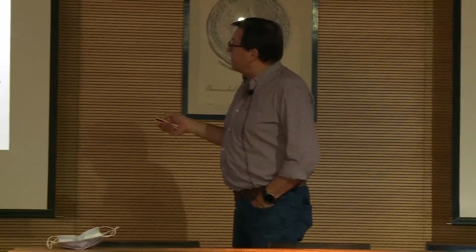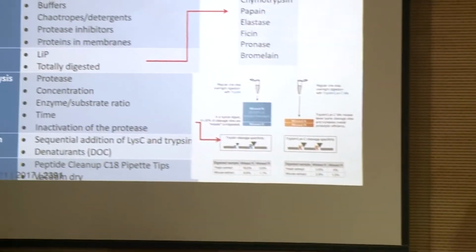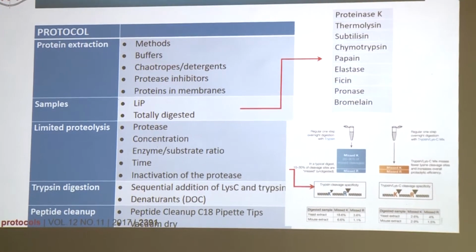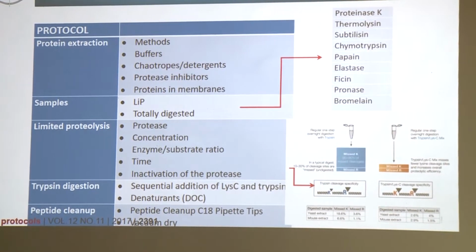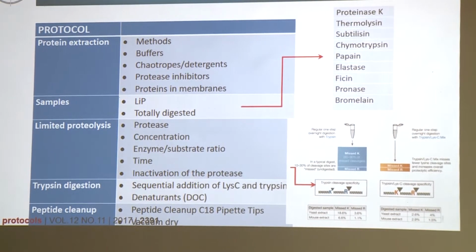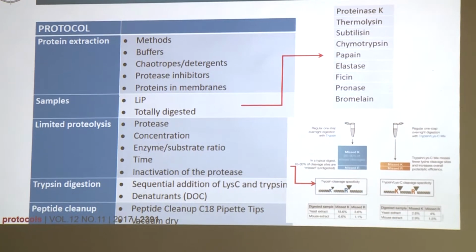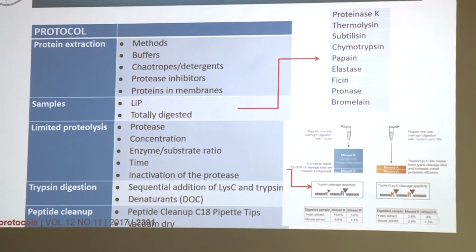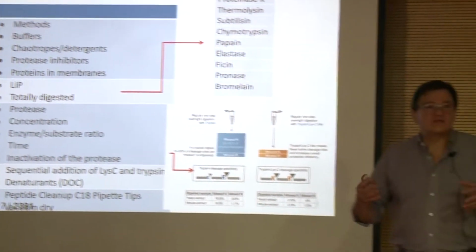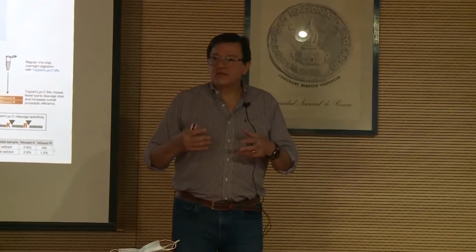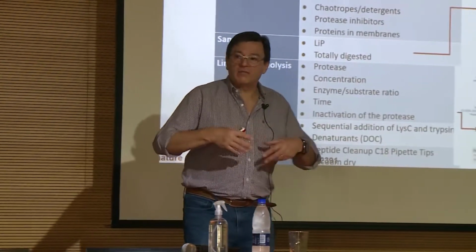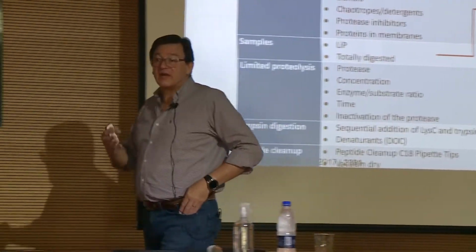And the other problem is that sometimes you have to add protease inhibitors for other proteases, because when you extract your proteins, if you are in plant cells, you will have the cell wall broken that will release proteases. If you have a eukaryotic cell, you have lysosomes, there will be free proteases that will affect your study.